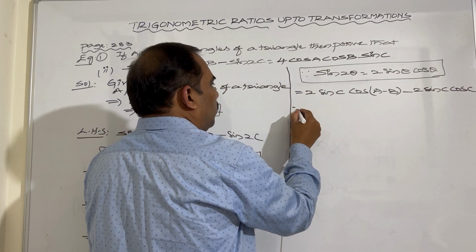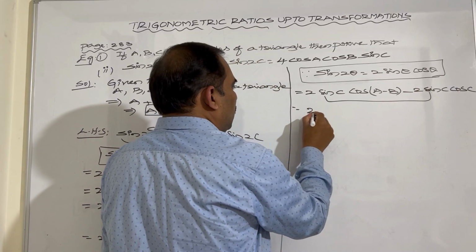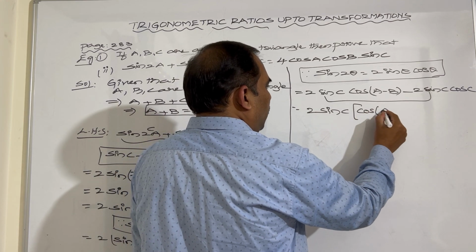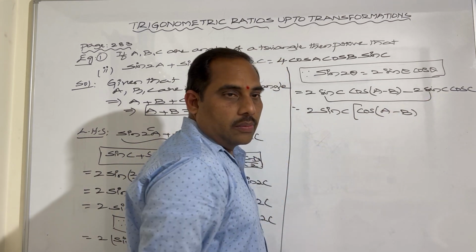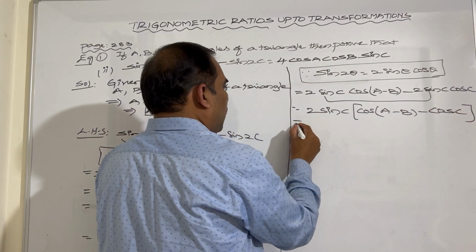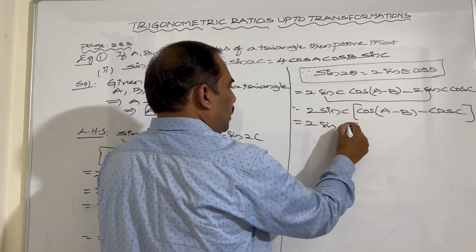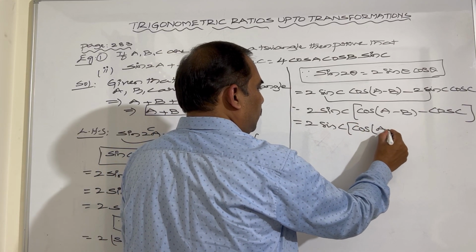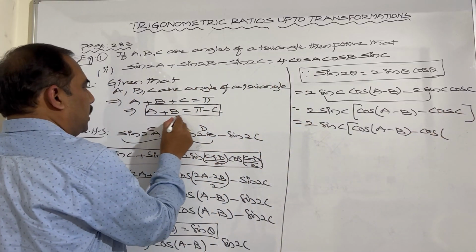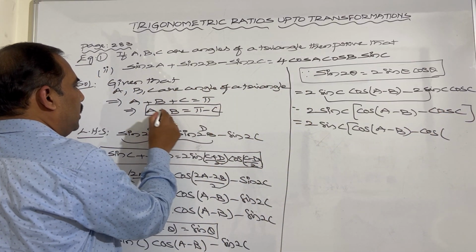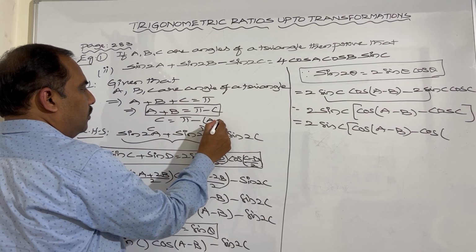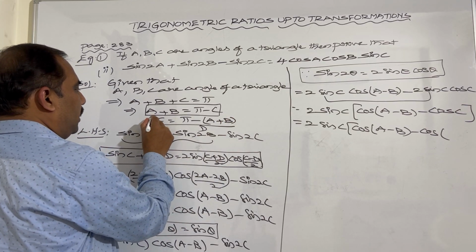Now if you take 2 sin C common in both the terms, we get 2 sin C into cos of (A minus B) minus cos C. Now again from the same condition we can write C is equal to 180 minus A minus B, which becomes 180 minus (A plus B).